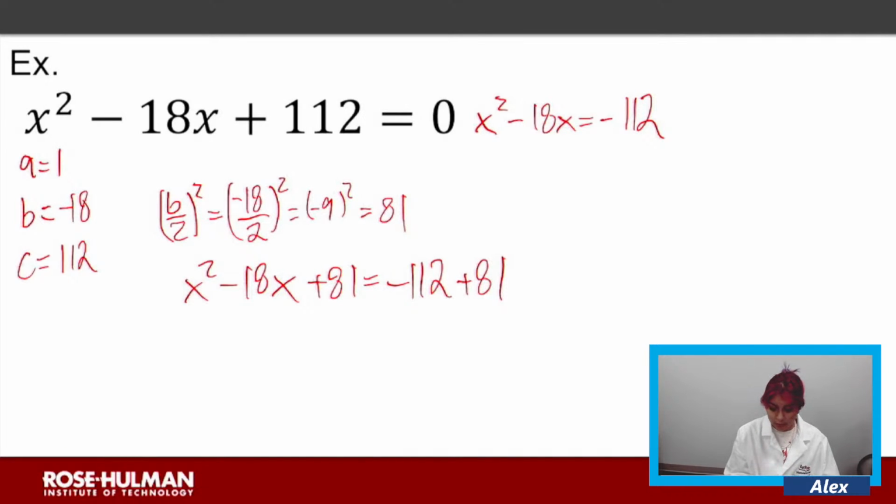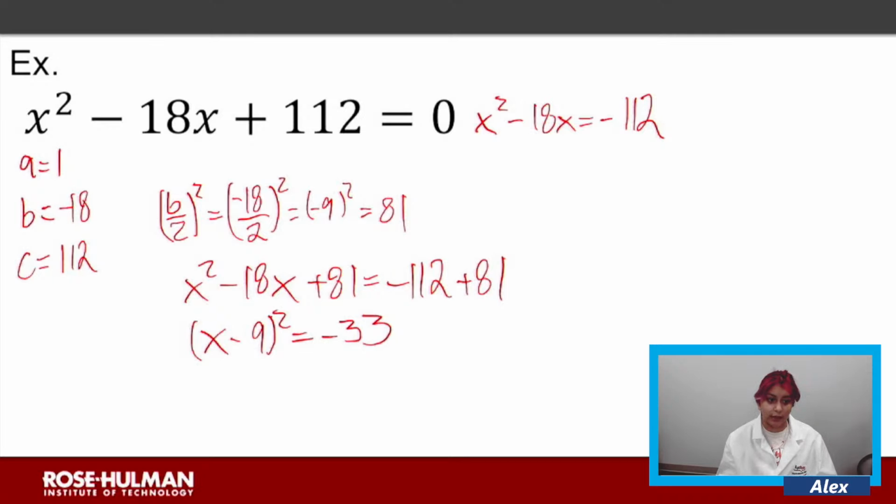Here, because we have 9 squared, we can rewrite this equation as x minus 9 squared, which equals, if we simplify this side, 33, I believe. Negative 33. Let me double check that really quickly.